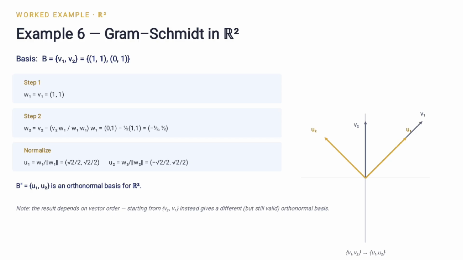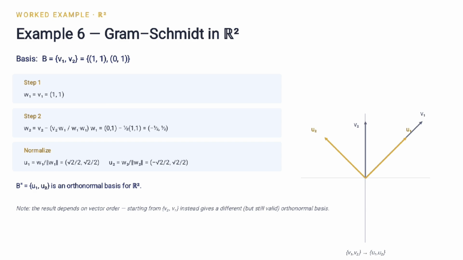And now, let us apply the process in R squared. So we start with the basis vectors (1, 1) and (0, 1). The first orthogonal vector is simply the first basis vector. For the second vector, we subtract its projection onto the first vector. So this gives us an orthogonal vector.